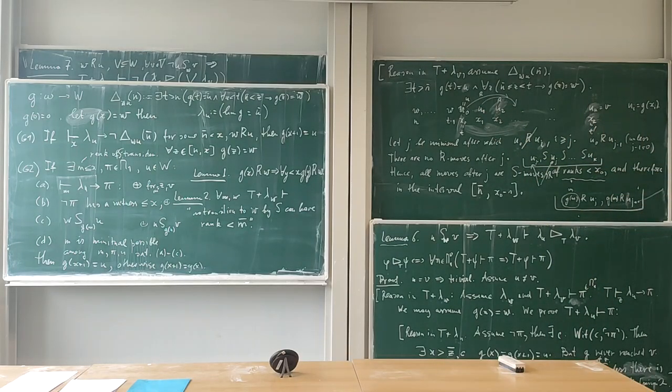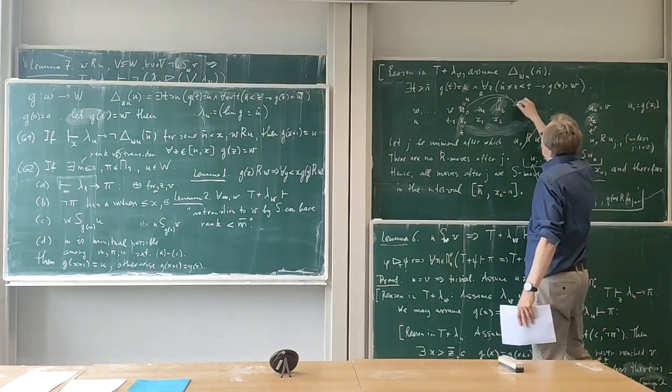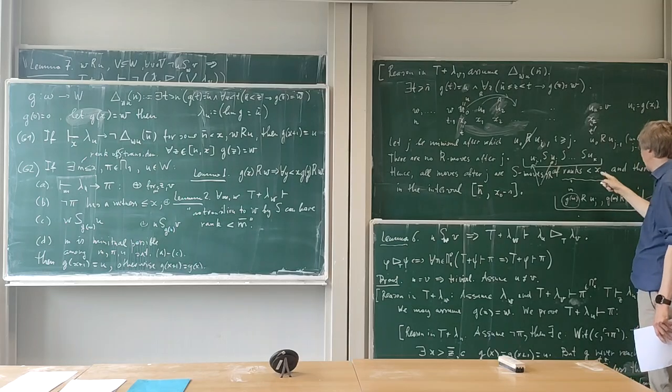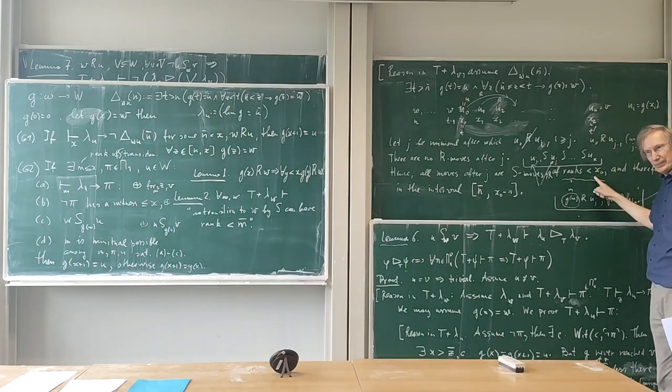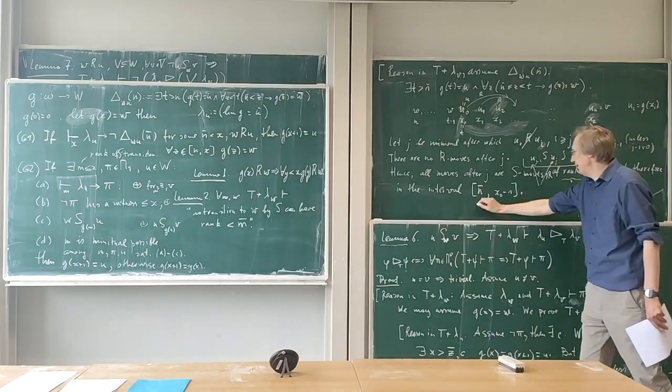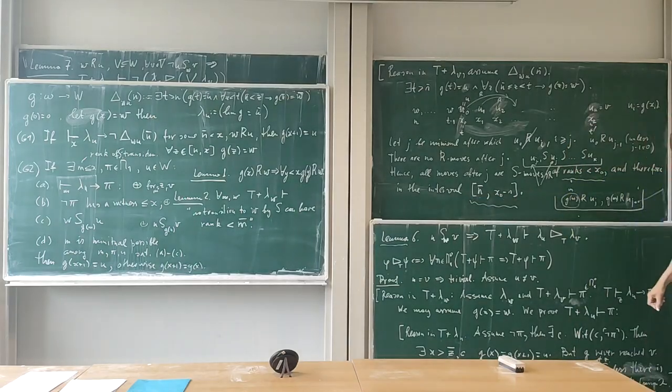So these r relations are totally excluded. The rank must be less than x0, but it is also always bigger than any standard number. So it must be in the interval from n to x0 minus 1.